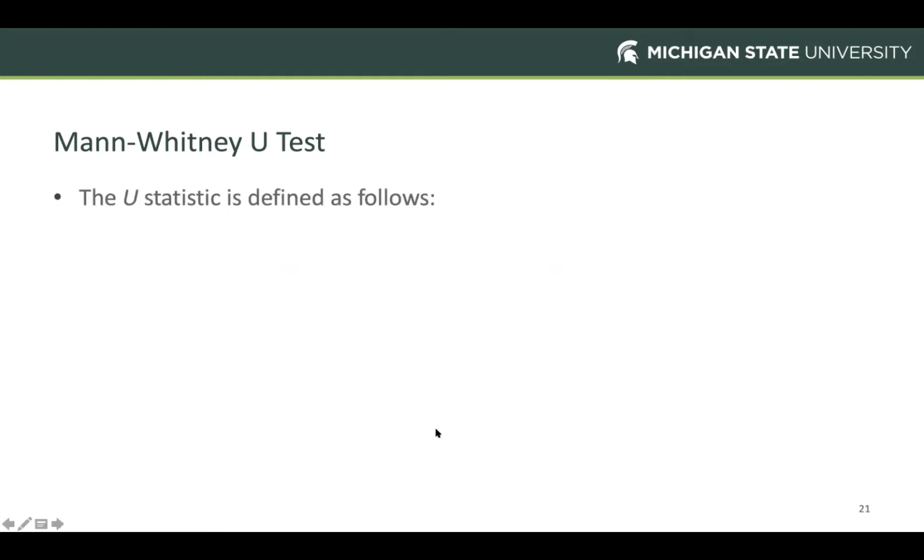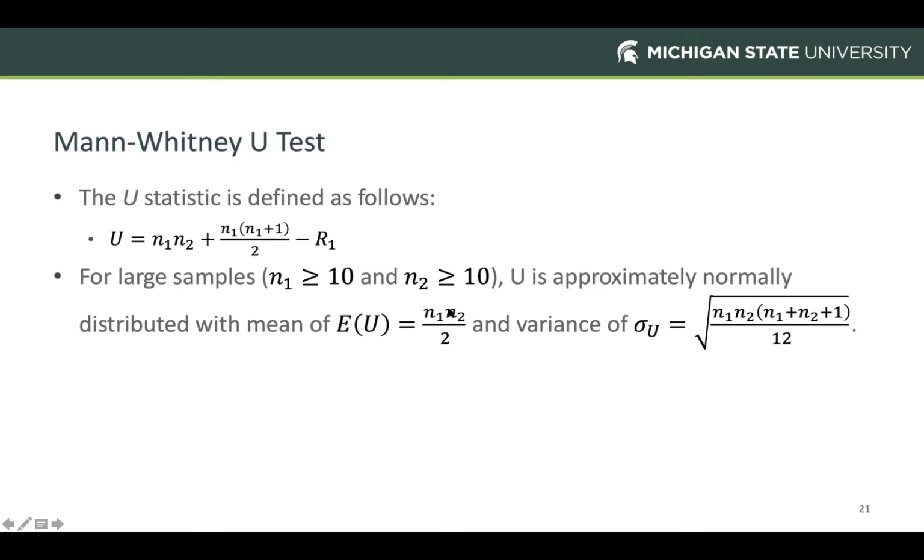And with that information in hand, then we can make use of the U statistic, which is defined as we see right here, okay? So U is going to be equal to the product of those sample sizes plus N1 times N1 plus 1 over 2 minus R1, where again, R1 is the summed rank for sample 1.